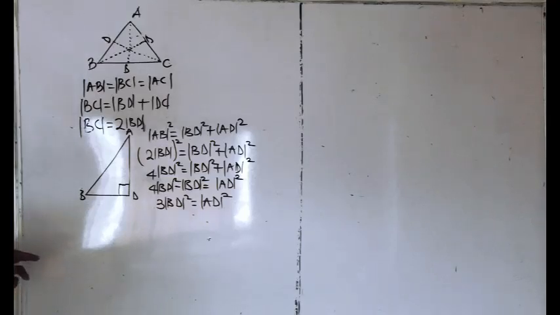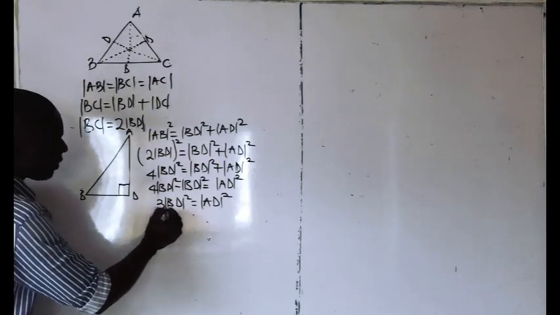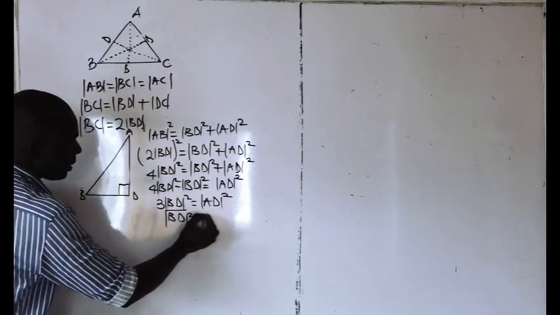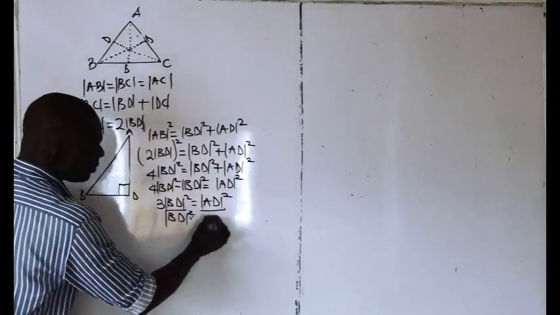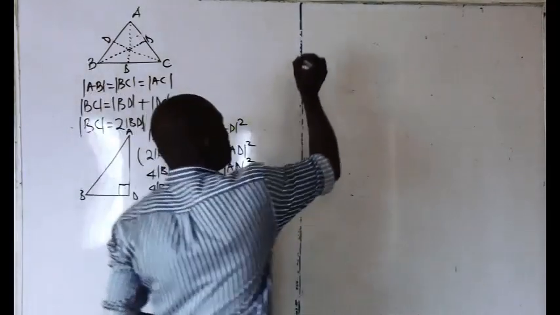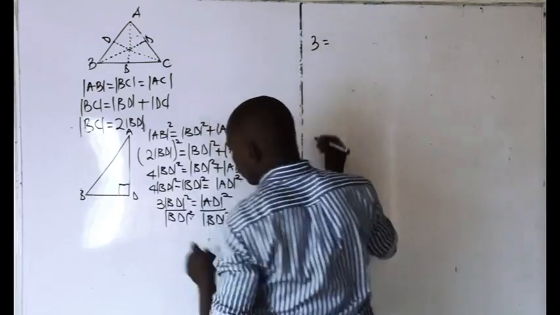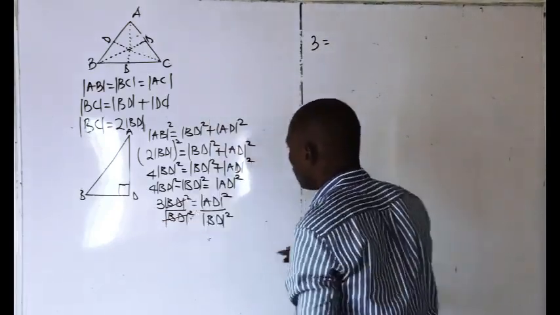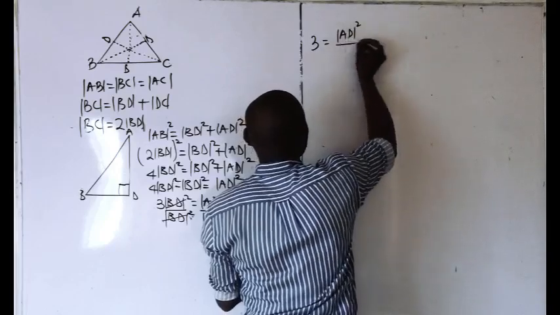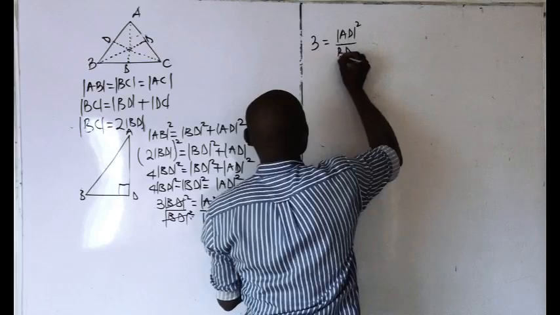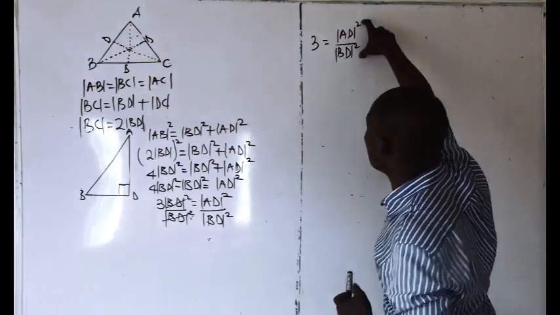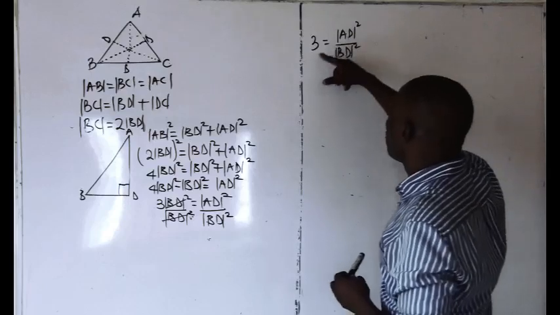Now all we need to do is divide both sides by BD square. So here this becomes 3 is equal to, because BD square cancels BD square, the line AD square divided by line BD square. But what we are looking for is just the line AD, so we need to get rid of this square. So we take the square root of both sides.